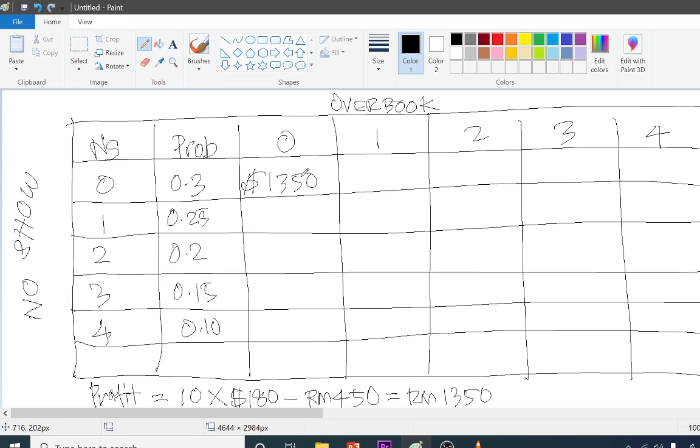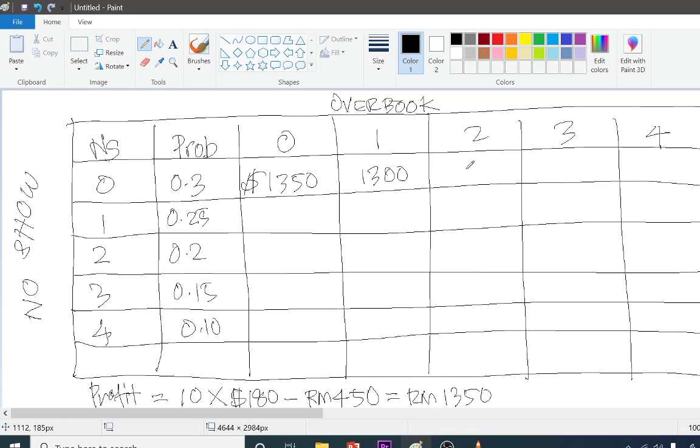1350. So if there is one overbook, they have to give a flight away ticket, which is 50 ringgit, which is 1350 minus 50 for one overbook. That means 1300. If there are two flight ticket passengers experiencing this, the company must pay 50 ringgit multiplied by 2, which is another 100.